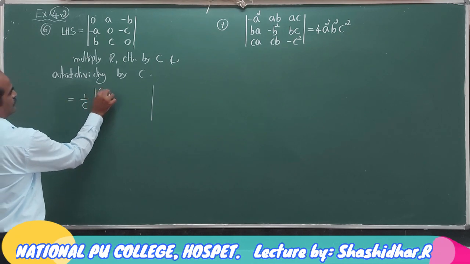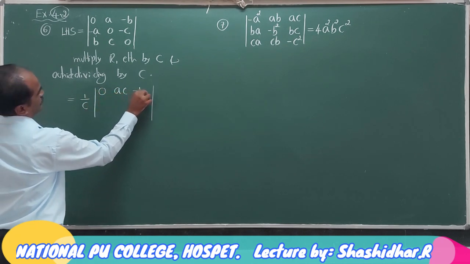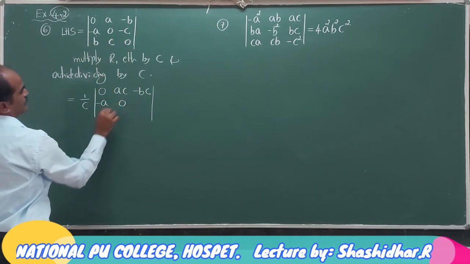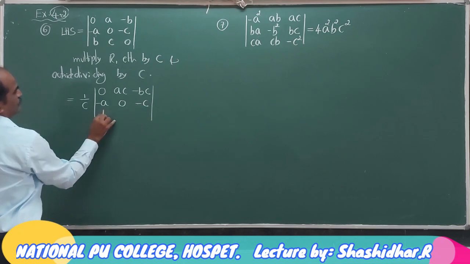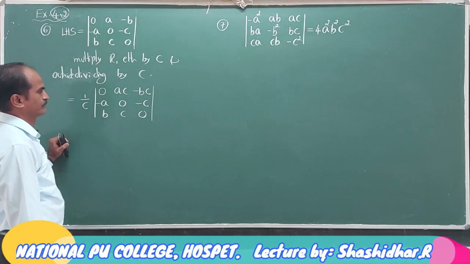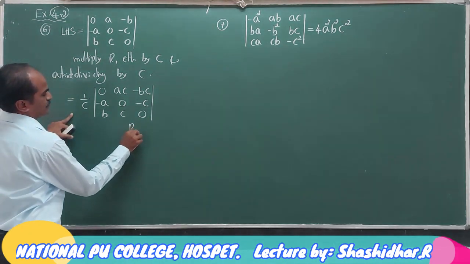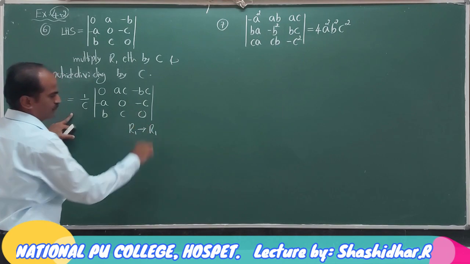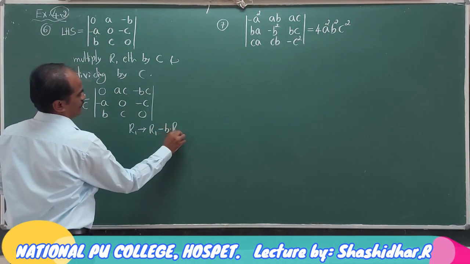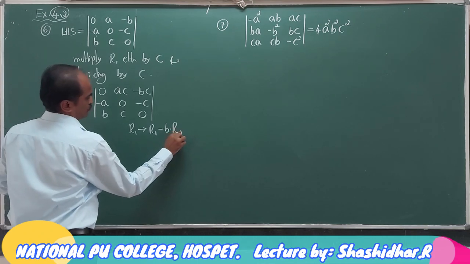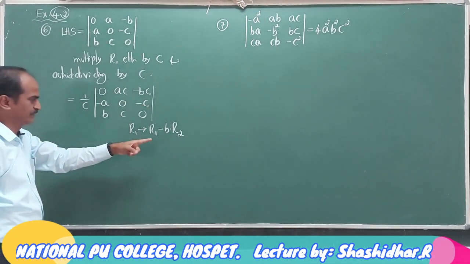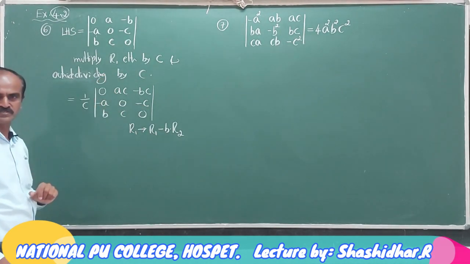0 into C, 0. It is AC, minus BC. We didn't change the second and third row, write them as it is: minus A, 0, minus C, third row, BC, 0. After this, one more operation I write, R1 changes to R1 minus B times R2, that is, multiply the second row by B, subtract that product from the first row.